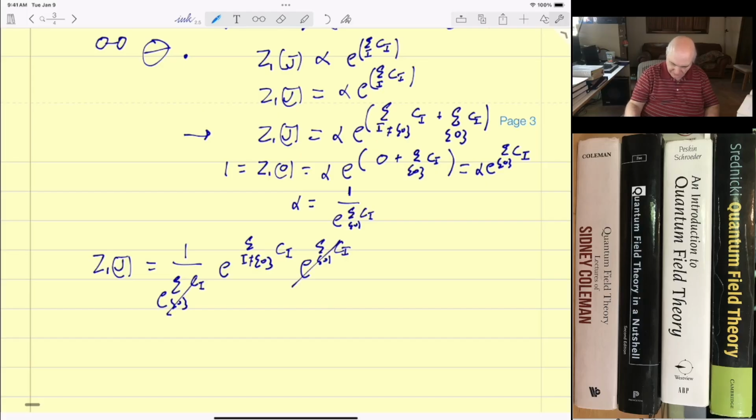So we're left with what I said, that it's just the sum over I unequal to vacuum diagrams, or diagrams with sources, of CI.